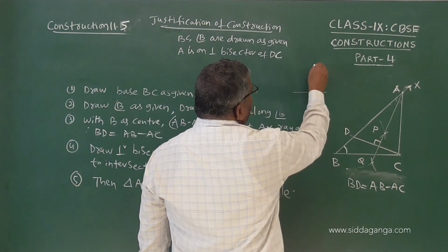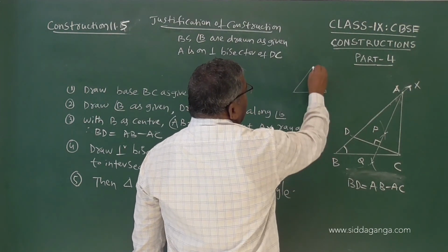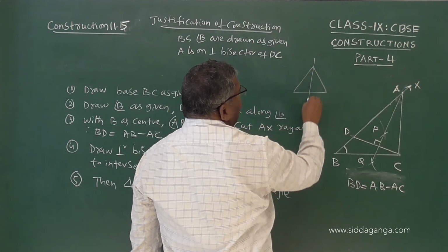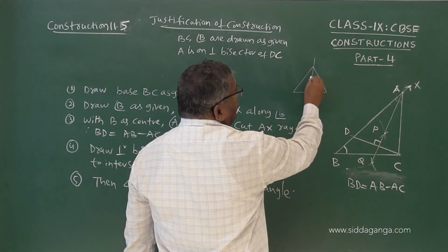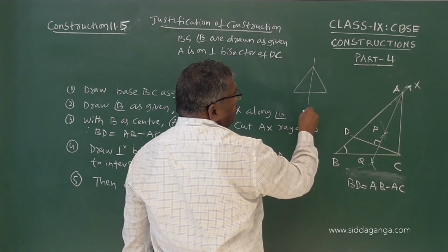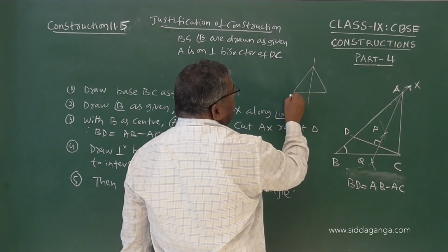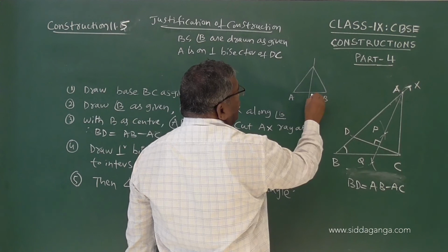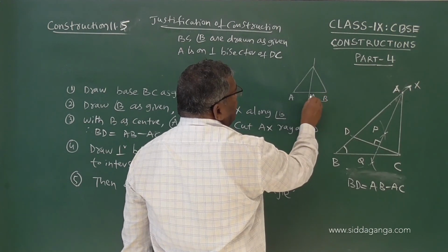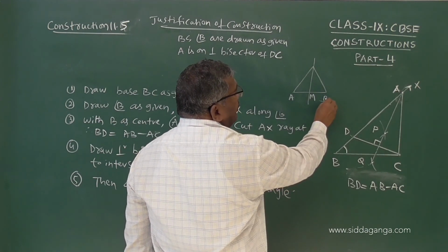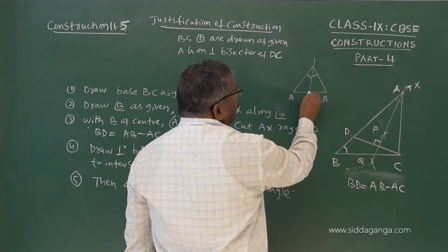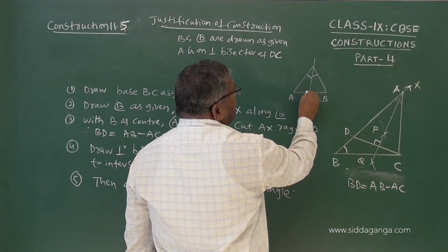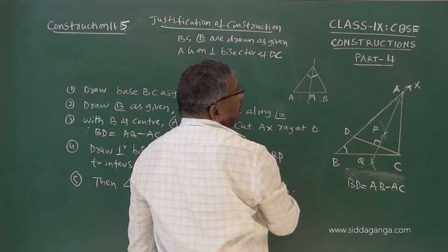When we have a triangle like this, if you draw a perpendicular through the vertex, and I call the foot M, AM will be equal to MB, and these two sides will be equal, and these two angles will be equal.